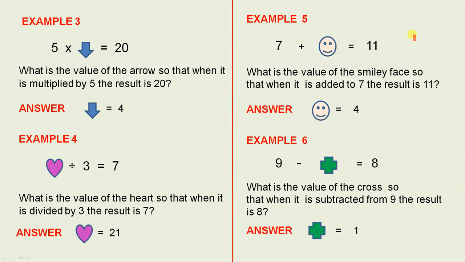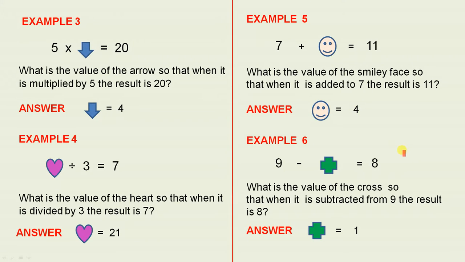Example 5. 7 plus the smiley face equals 11. What is the value of the smiley face so that when it is added to 7, the result is 11? So if you have 7 lollies plus how many other lollies to give you 11? The answer must be 4.